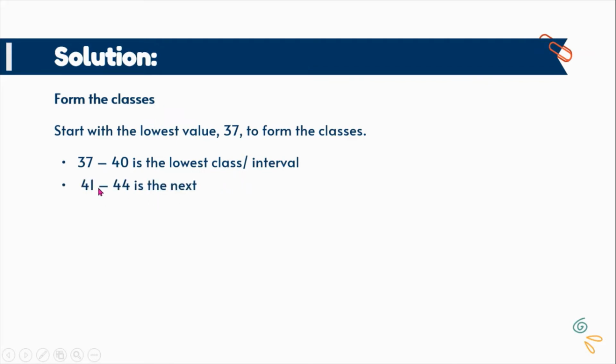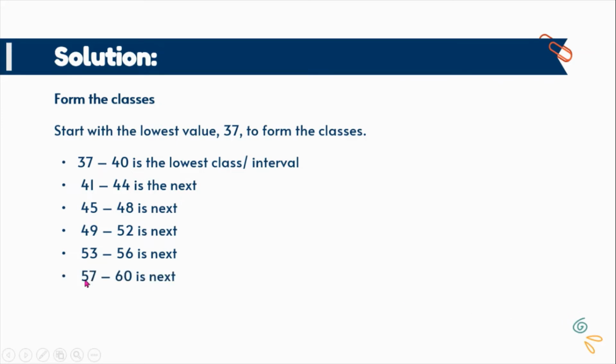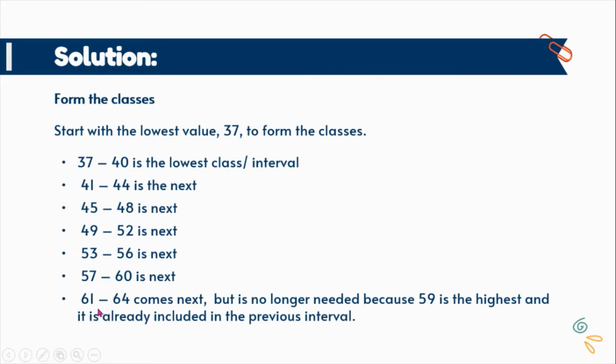Next, 41 to 44, another 4 class size, that is 41, 42, 43, and 44. Next is 45 to 48, 49 to 52, 53 to 56. Next is 57 to 60, and our 7th class is 61 to 64.